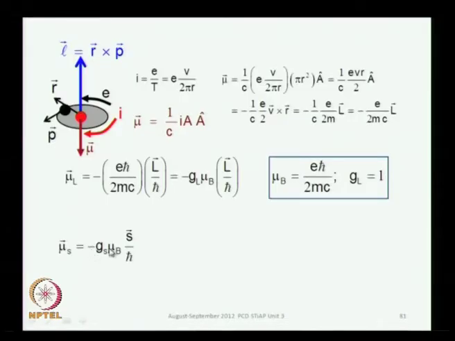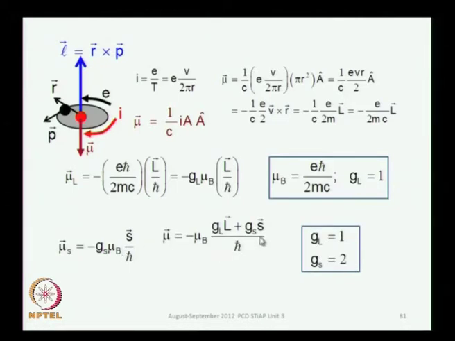So, to provide for a variance you insert a factor g which is equal to unity for the orbital angular momentum case, and you ask what the corresponding g for the spin should be like.